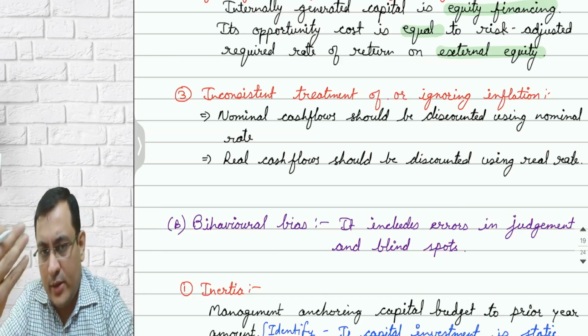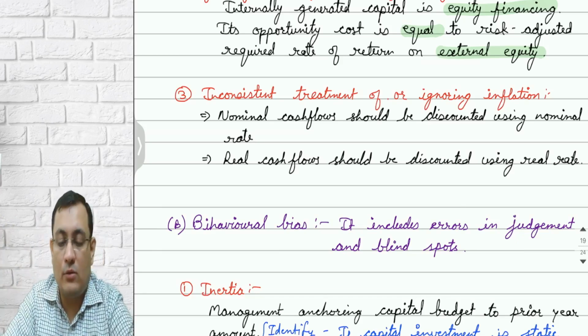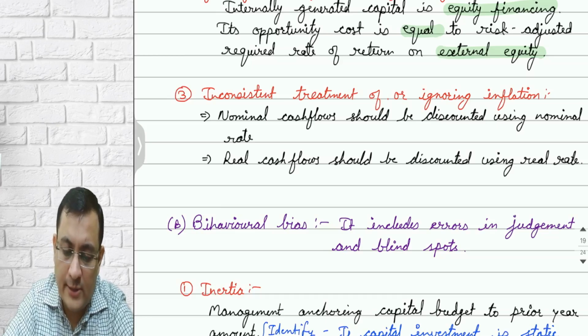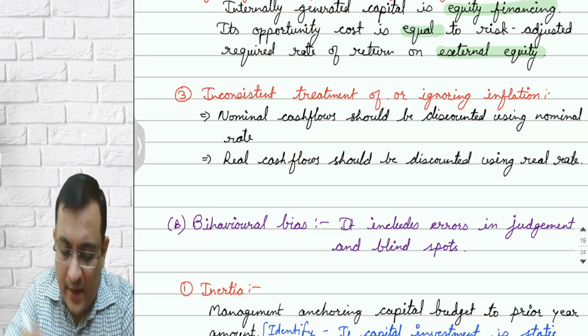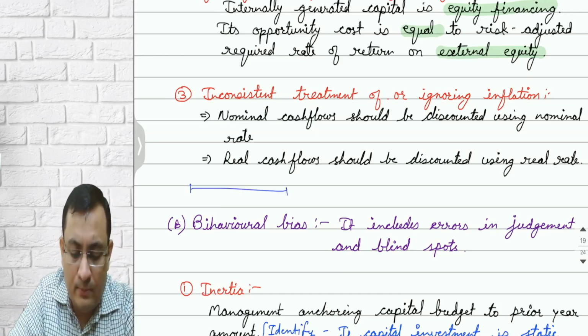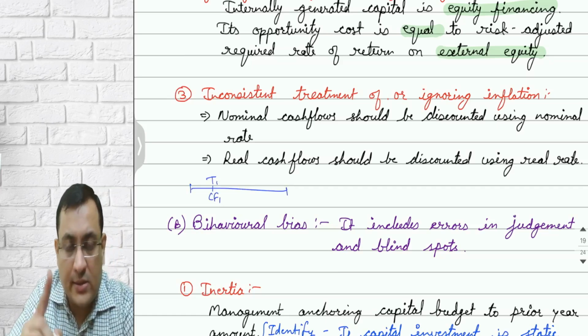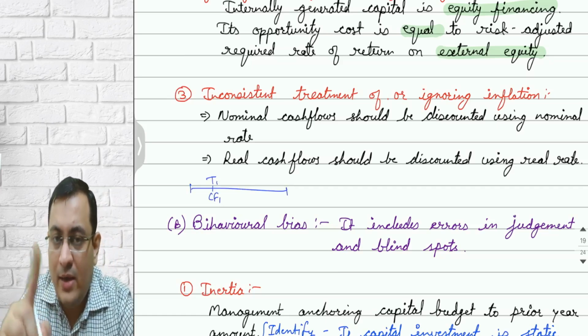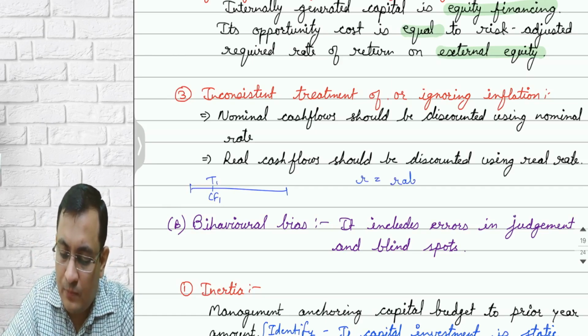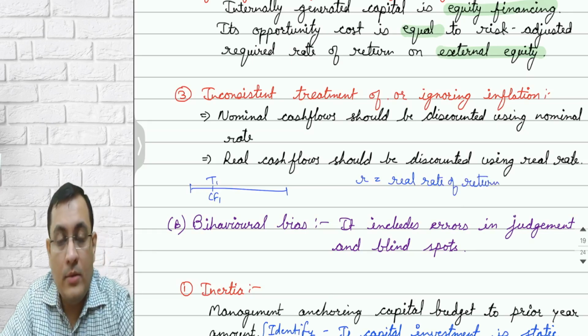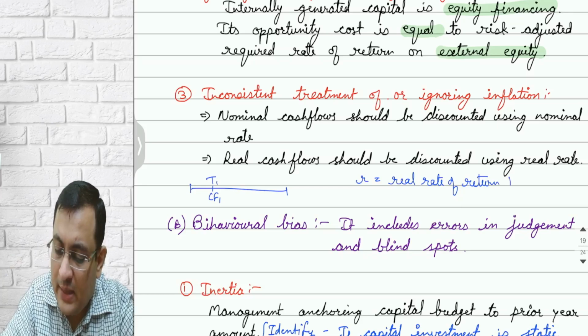Now when we are going to discount, we should understand that in the case of NPV, your T1 cash flow CF1 should be discounted for 1 year by your required rate of return, and your required rate of return should include two things: the real rate of return, that is the actual expectation, along with the inflation premium.